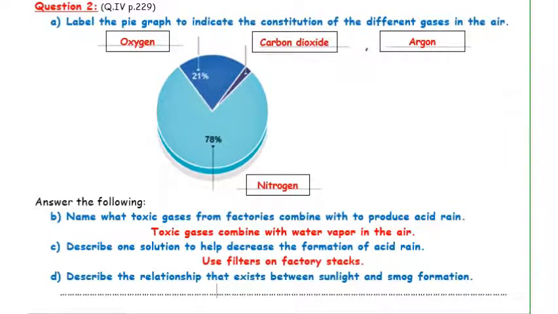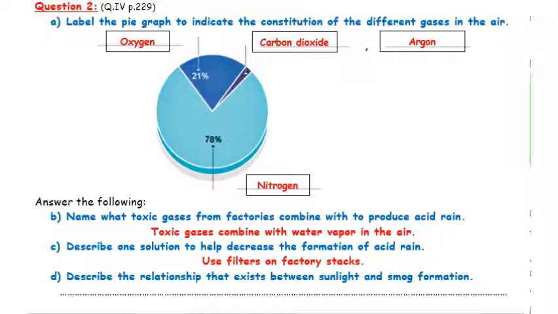Yes, if you read a little bit about smog, you'll know that when harmful gases are released into the atmosphere, they react with sunlight to form other pollutants that also combine with the harmful gases to make smog.